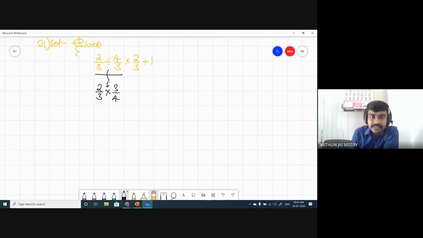Then into 2 by 3 as it is without any change, and then plus 1. Here you can see, as this is multiplication, I can strike off this 3 and 3 because of cross multiplication. So let me do that. 3 1s are 3.